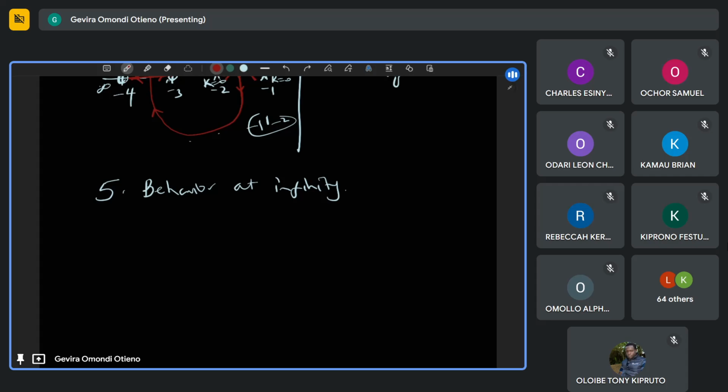So assume we have an open loop transfer function. Let's have an open loop transfer function here.